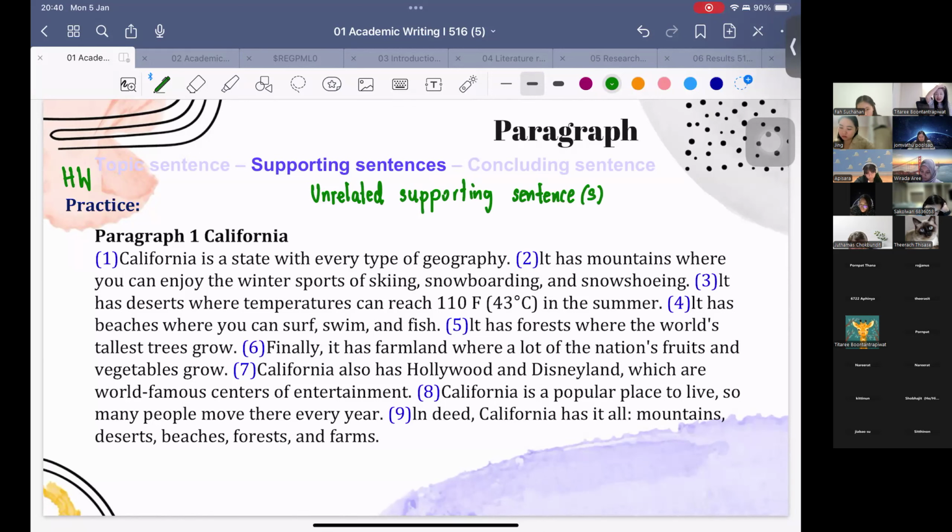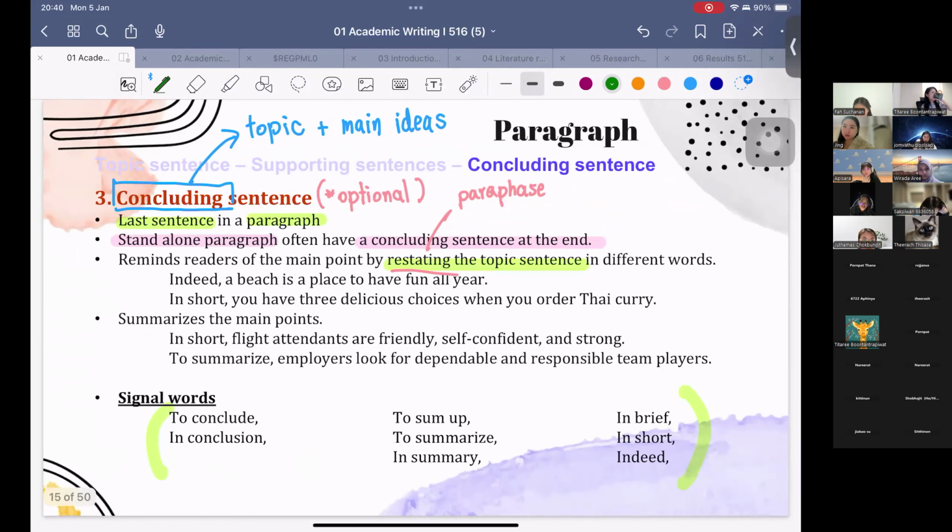Again, a good paragraph is one where you provide all the necessary details, so they have to relate to the topic. So identify the unrelated supporting sentence. Super short take-home homework. Do it later.